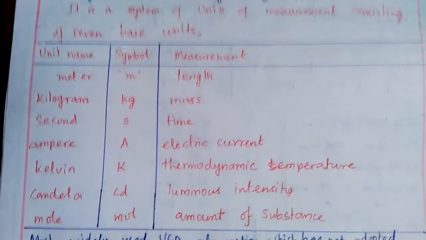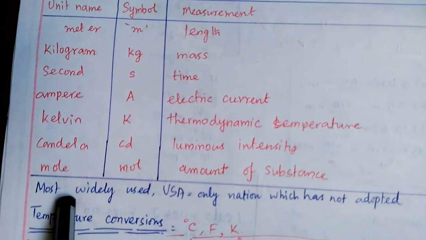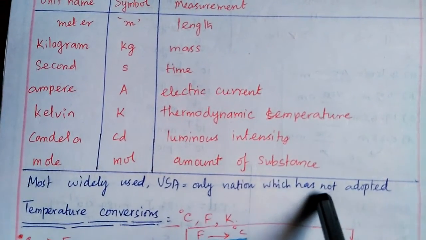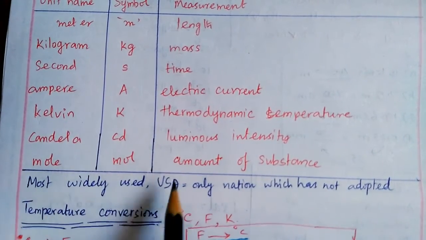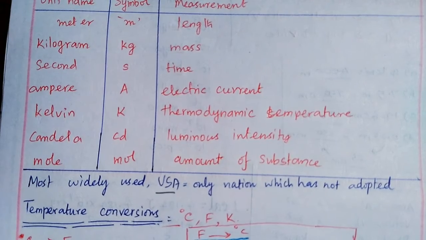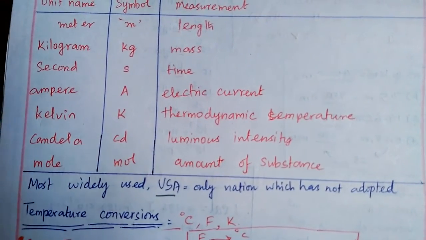Most widely the SI system is used, and the United States of America is the only nation which has not adopted the SI system. So the USA is using some different kinds of values. Okay, this is additional information.